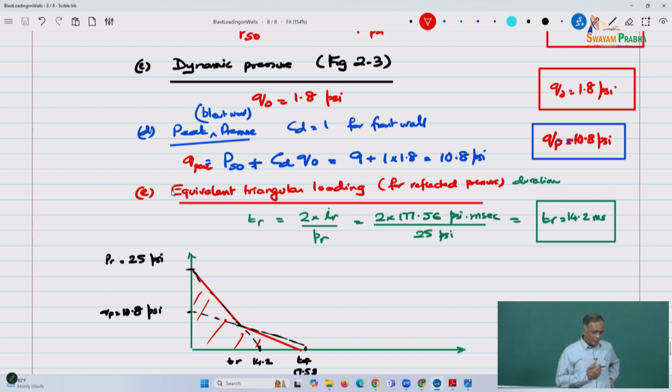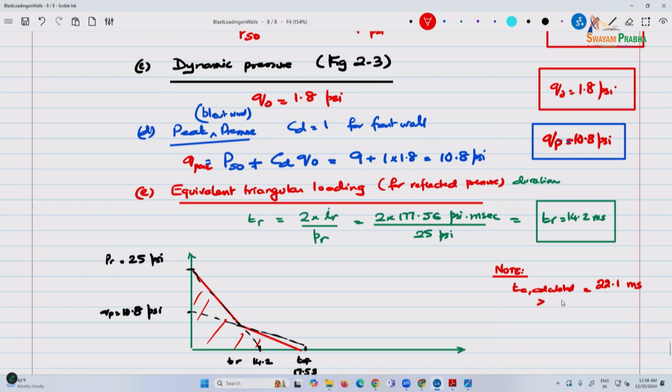Yeah, that's a question I get, and I don't know if I have a good answer for that. But let me make a note of it. TC calculated is 22.1, which is greater than TOF.